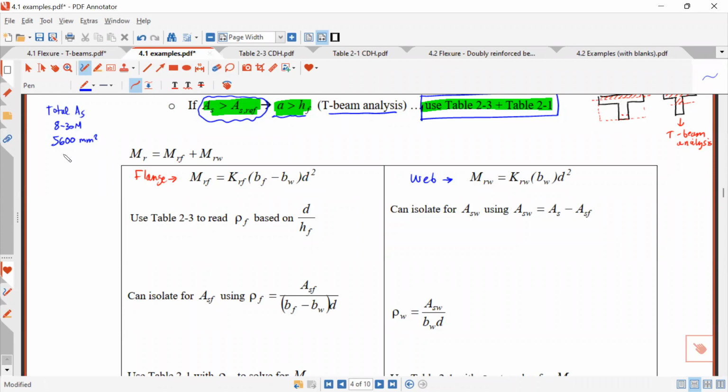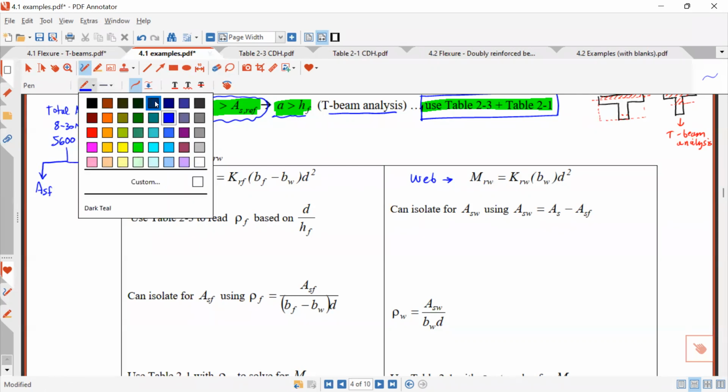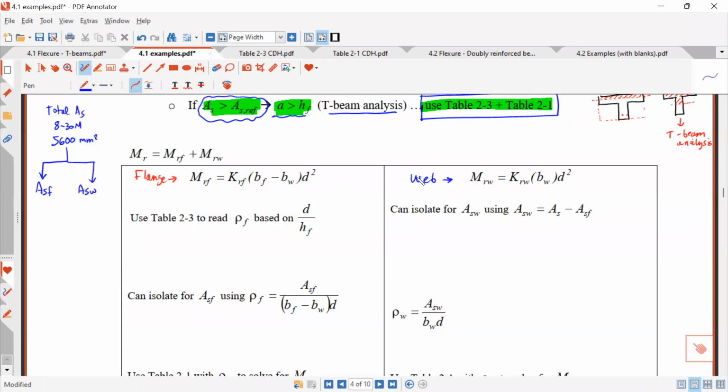What we're going to do now is split it into two parts. A first part, which we're going to call ASF, and that's going to be the one that goes into the flange. And a second part, which we're going to call ASW, which goes into the web. Okay, so we'll see now when we apply this example, we're going to see these two things.